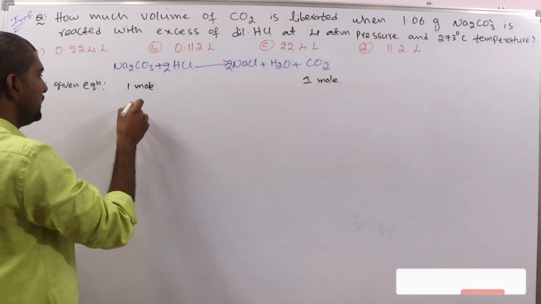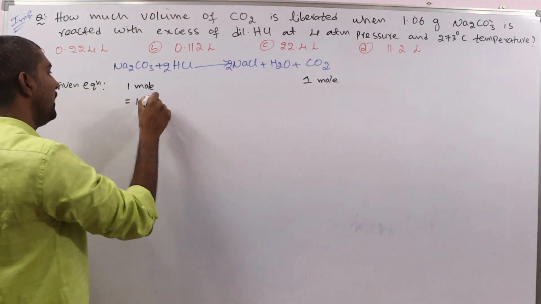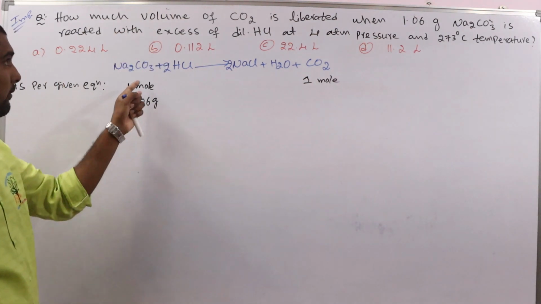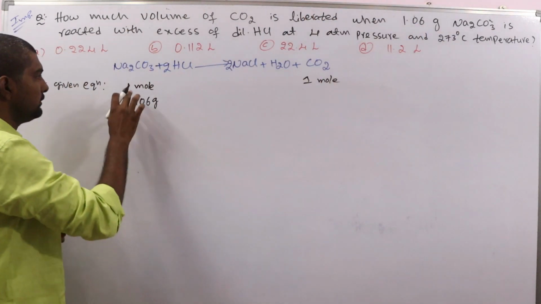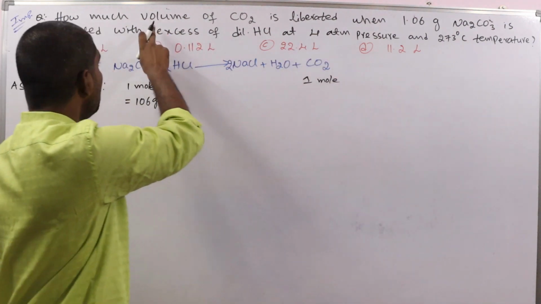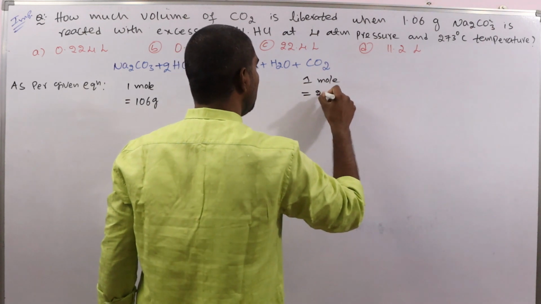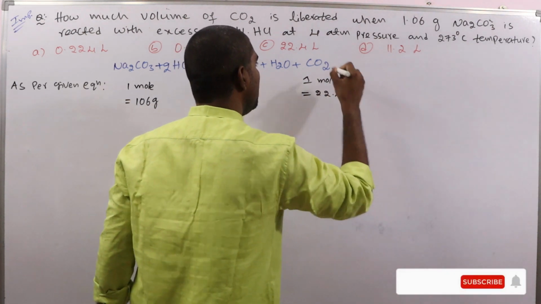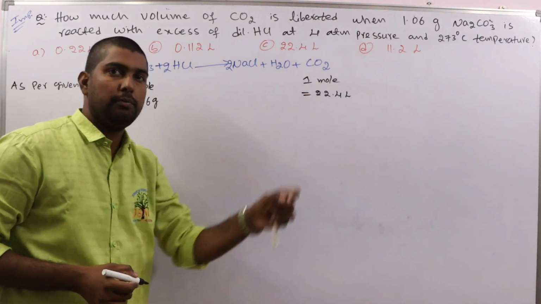Now 1 mole we can take as 106 grams, because here the weight of the sodium carbonate is given in the problem. Here we have to calculate the volume of CO2. So 1 mole is equal to 22.4 liter of CO2.